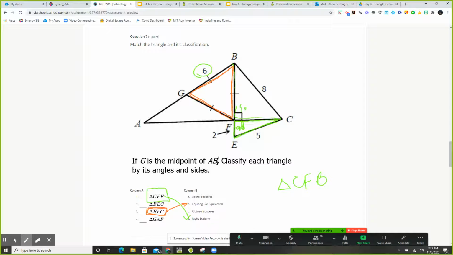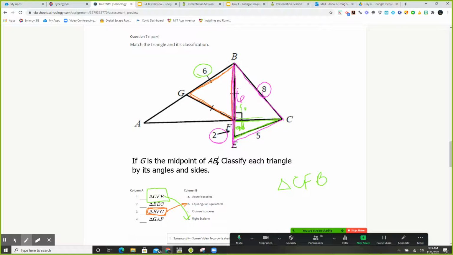So BEC, where's BEC? I need a different color. BEC is this whole one here. And if I know this is 6 and this is 2, then this whole distance is 8, which is the same as this side.